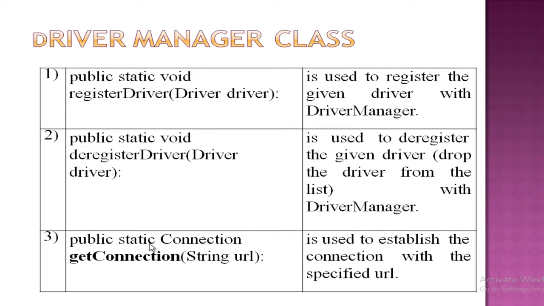Then next, public static Connection getConnection(String url). This is used to establish the connection with the specific URL given here. This is the most important one. How exactly we follow these methods we will see in the example, and then you can get a better idea.